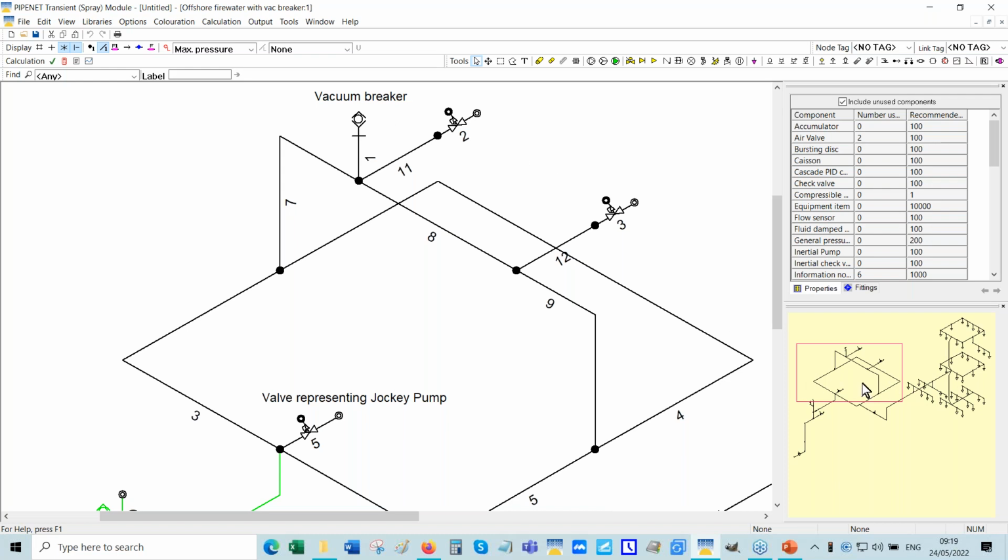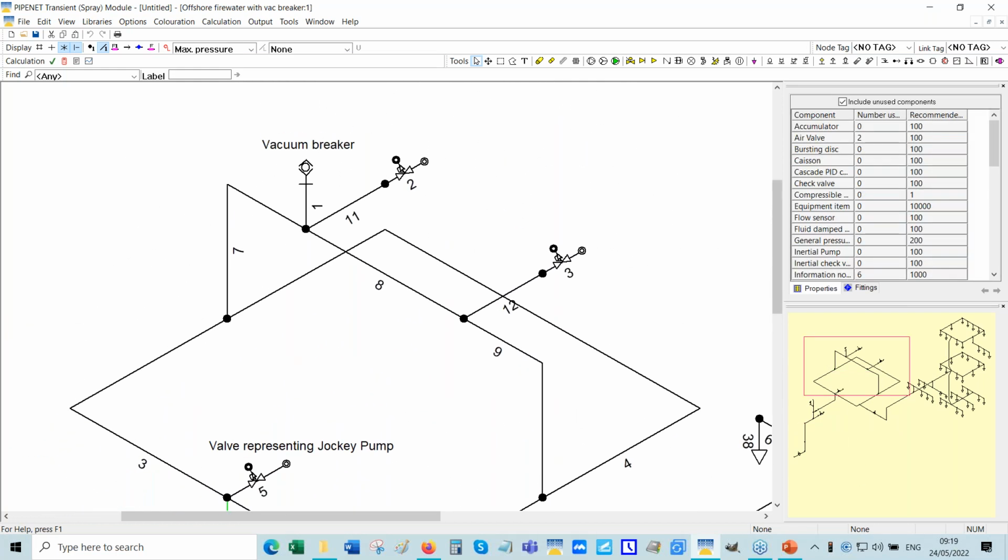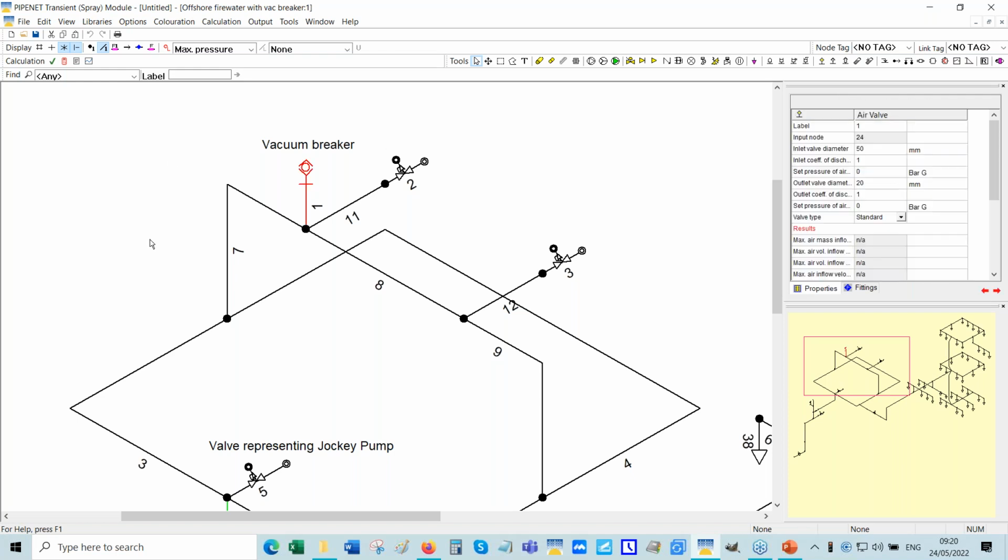Typically, in order to suppress a pressure surge, Frank Mohn introduced an integrated surge tank. And a classic solution for solving the pressure surge problems in the fire water ring main is to install vacuum breakers. That's what we've got here.